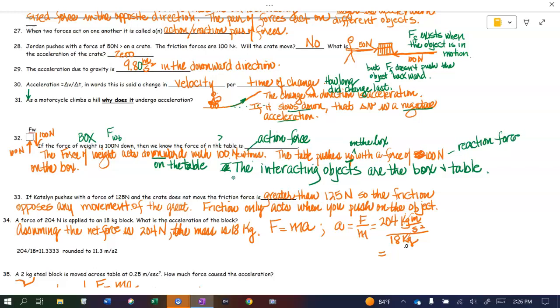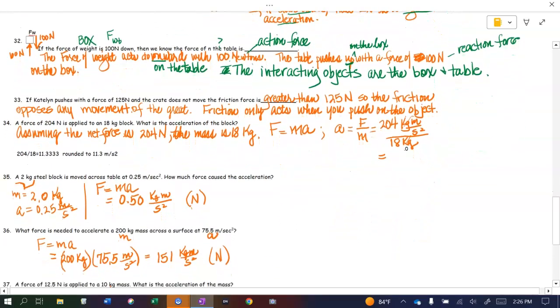Now we have this person named Caitlin, and she pushes with a force of 125 newtons, and the crate does not move. So what does that say about the frictional force? Well, the frictional force must be greater than 125 newtons, or else she would be able to move it, correct?